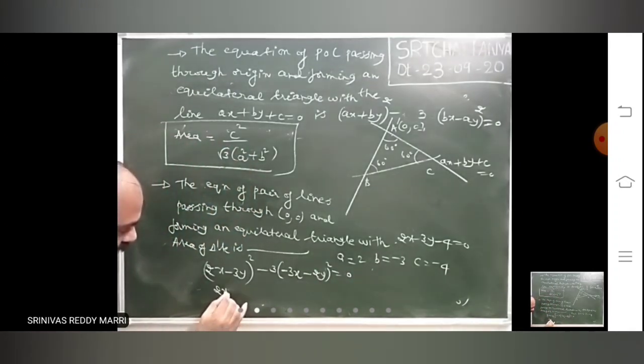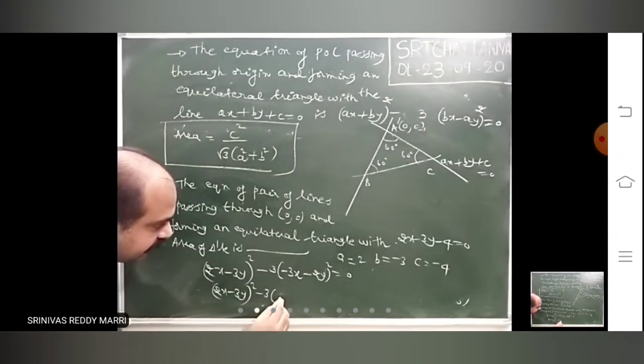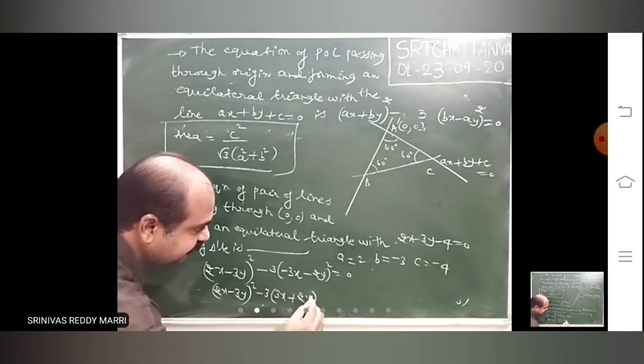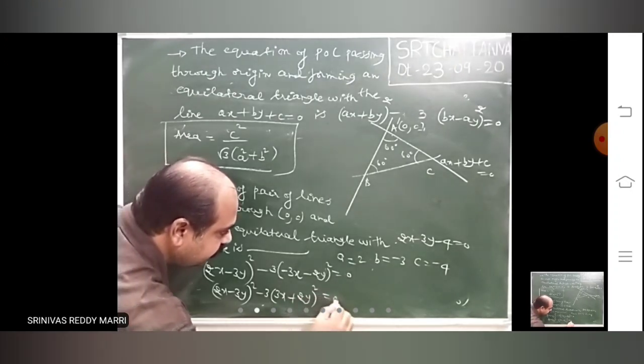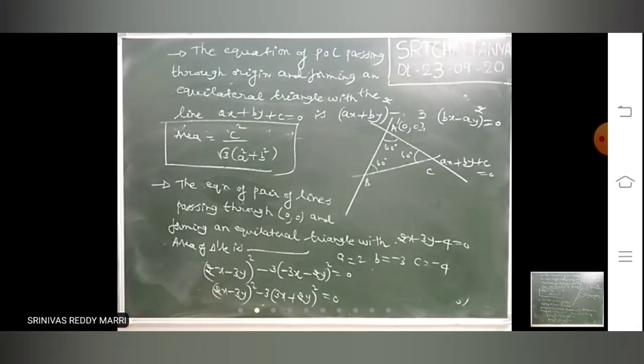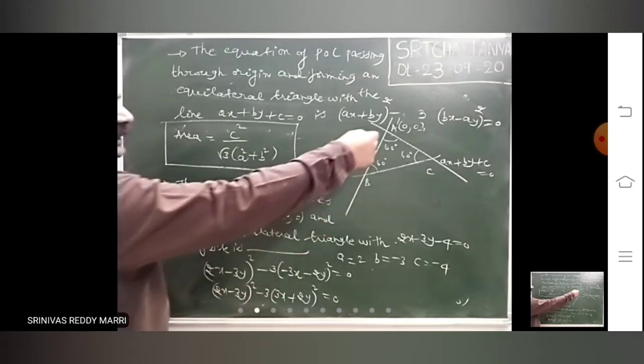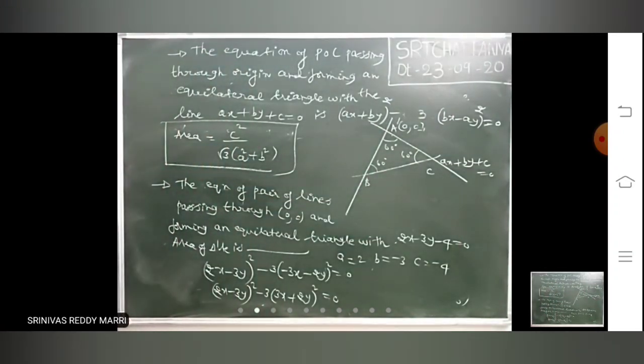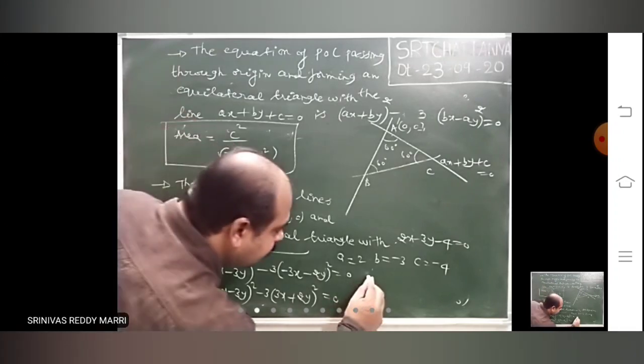That means you get (2x minus 3y) whole square minus 3 into (3x plus 2y) whole square equal to 0. This is the pair of lines. You expand this, you will get the answer. This is the pair of lines directly. No need to again take m, find m and then multiply. Directly you can write. What is the area?